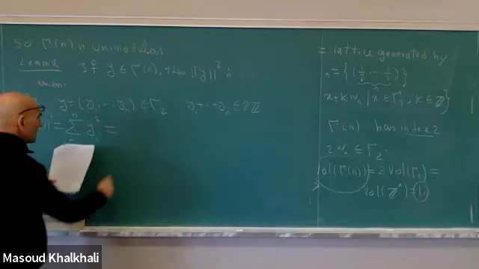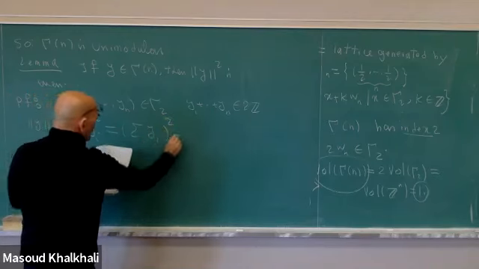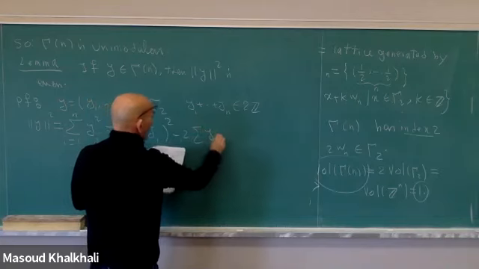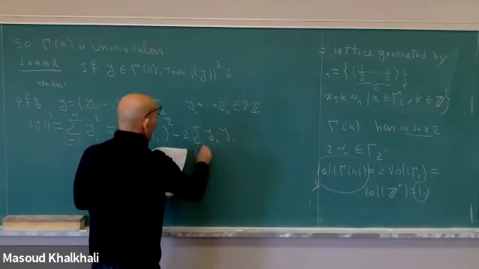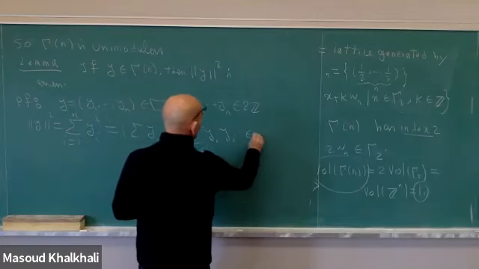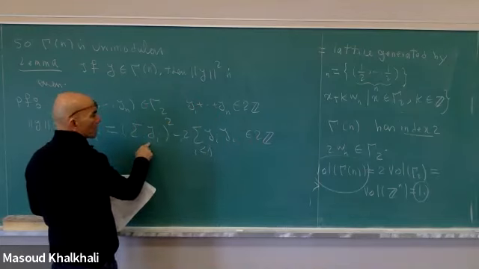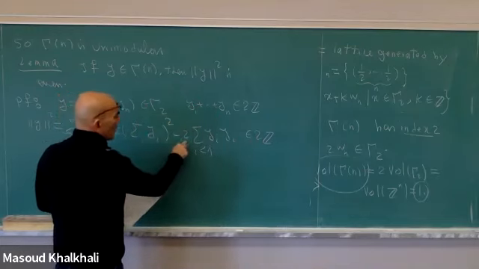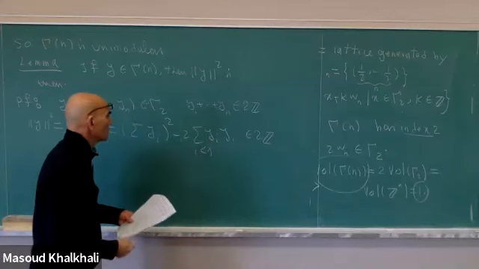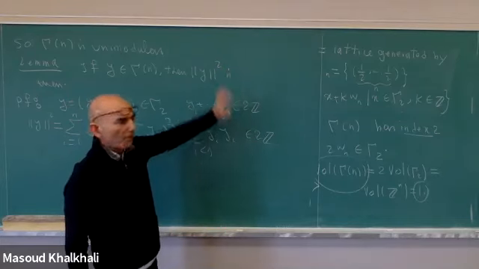This you can write as the square of the sum of yi, minus twice the sum over i less than j of yi yj. So this clearly belongs to 2Z, because this number is even, its square is even, and this is twice an integer after all.